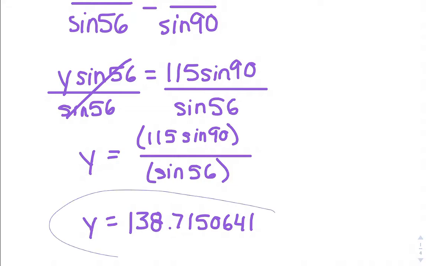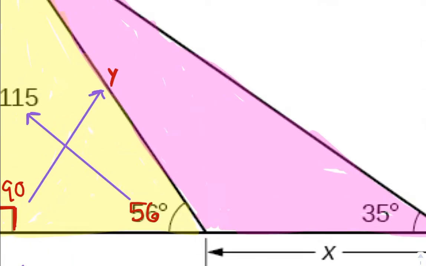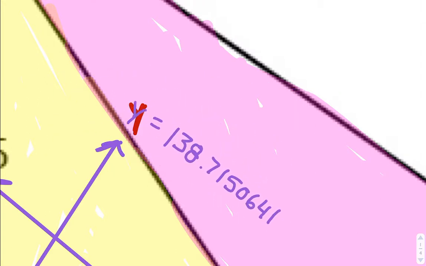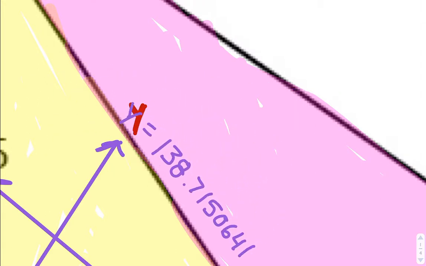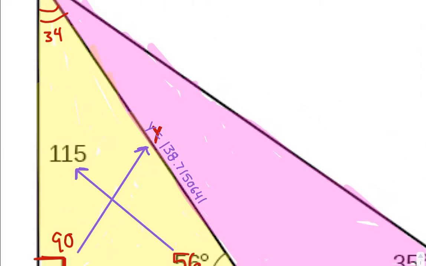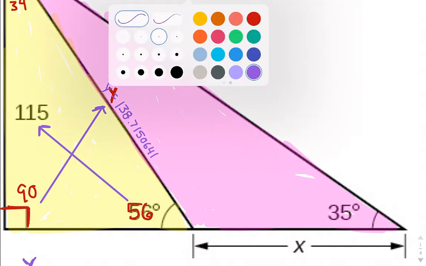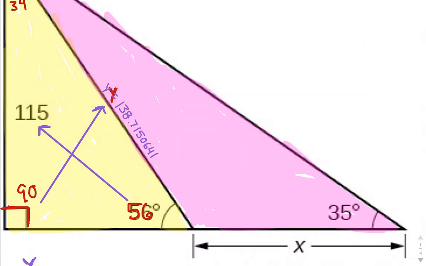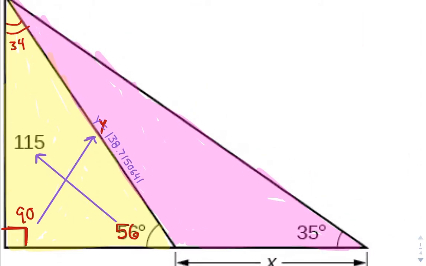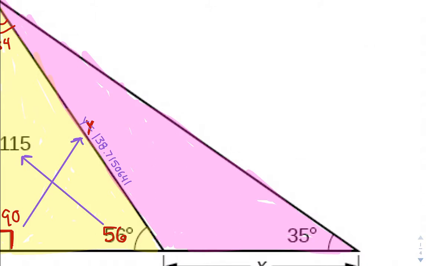So here, don't round, I would just write out the whole thing. So that means that y is equal to 138.7 and then so on. So I'm going to put that right here. So y is this line. Now what I need to do is I need to figure out x. So again, I'm going to have to use law of sines. This time though, I'm going to focus on my pink triangle. So in my pink triangle, I only notice that it only has a degree measure of 35.